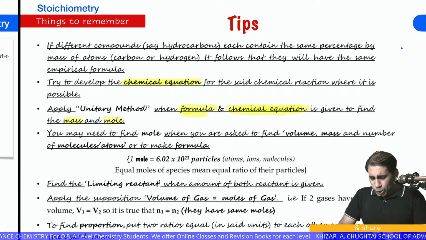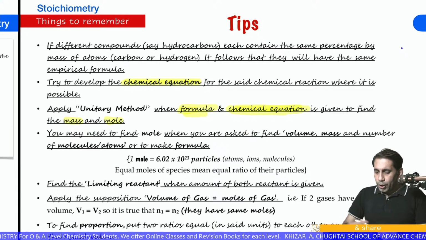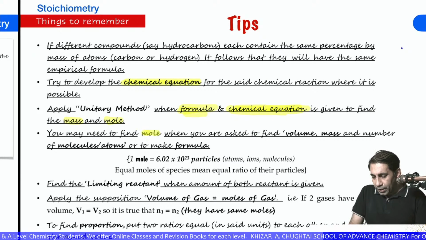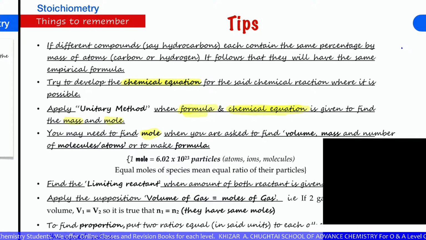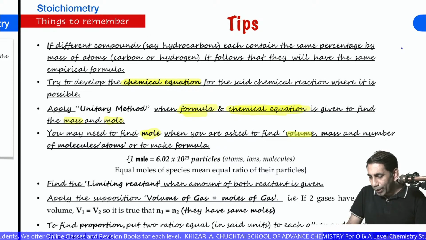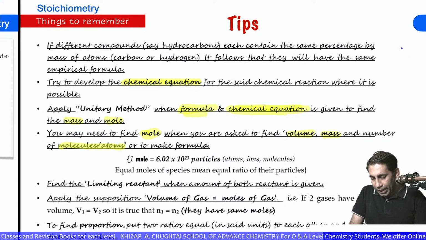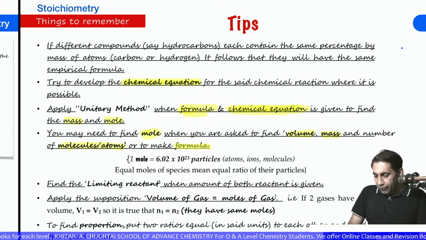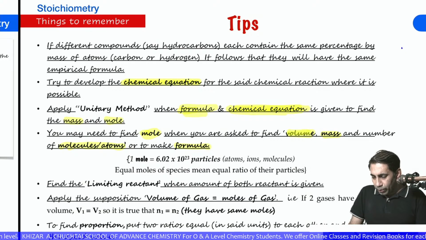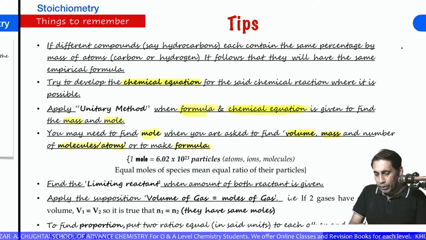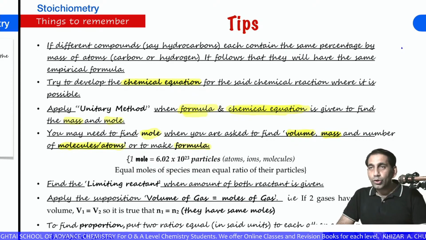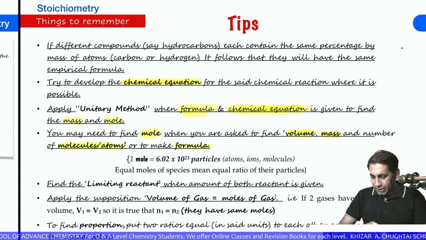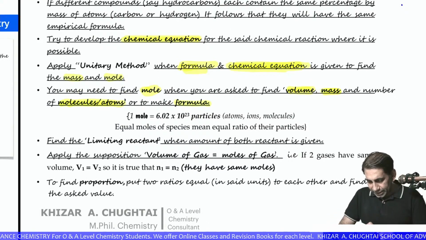The next one is where the mole is necessary. You may find help if you are asked to find volume, mass, number of particles, moles, atoms, molecules, or ions, and so on. To make a formula, to calculate volume, mass, or number of particles, you will find the mole. That is the easiest one as far as my opinion is concerned.